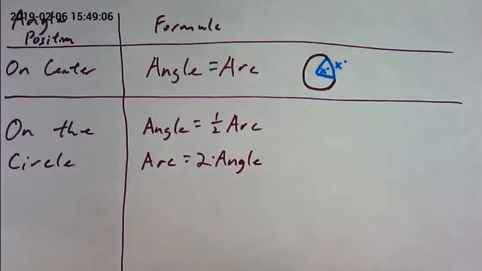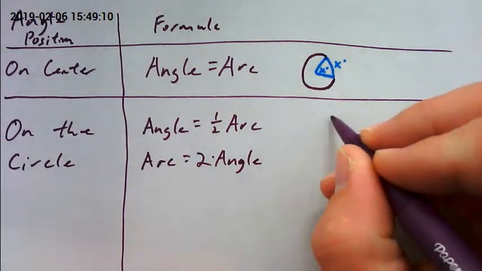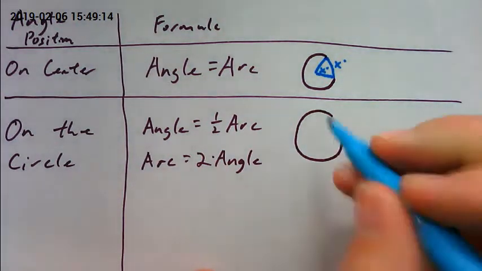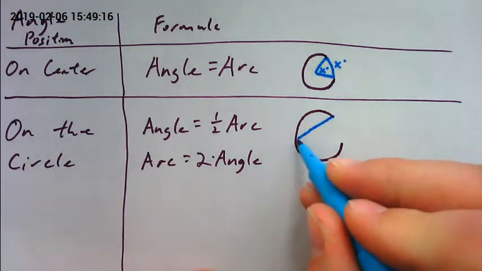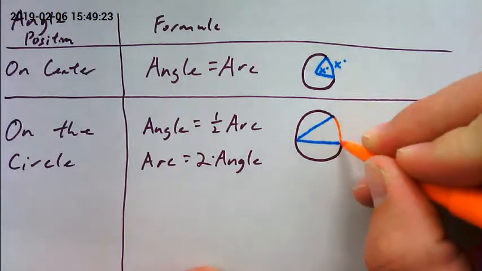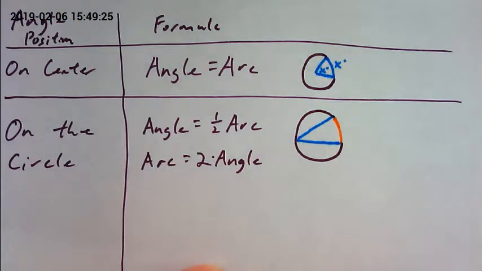So if I was to draw a picture, there's a couple different pictures you can draw for this one, right? We can do something like this, where we have an angle completely inside a circle, and we're talking about that piece and this piece here.